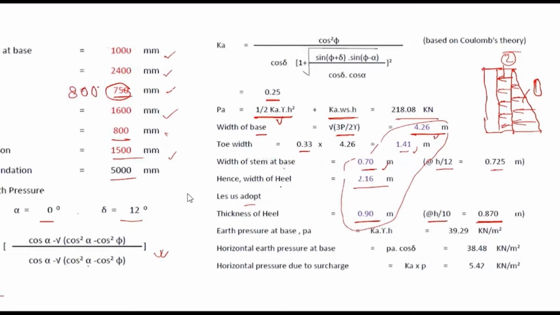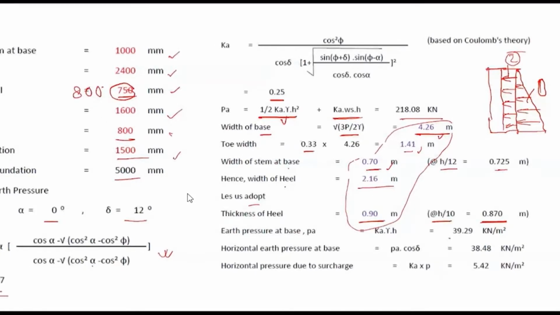Now we will calculate the active earth pressure at the base. Due to friction, the pressure at the wall will be slightly inclined, and we will have to take the horizontal component, and this is delta. The earth pressure at base will be 39.29 kilonewton per meter square, and the horizontal earth pressure at base will be equal to PA cos delta.